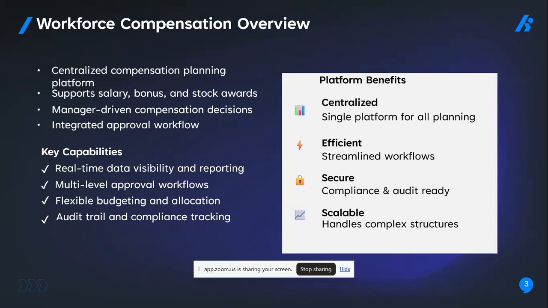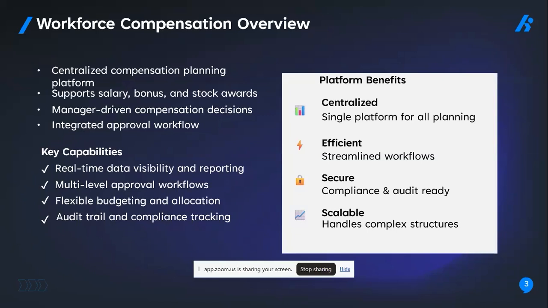Third, flexible budgeting and allocation. You can set budgets at multiple levels, department, business unit, and the system helps managers stay within those parameters. Fourth, complete audit trail and compliance tracking. Every change, every approval, every decision is logged and available for review.